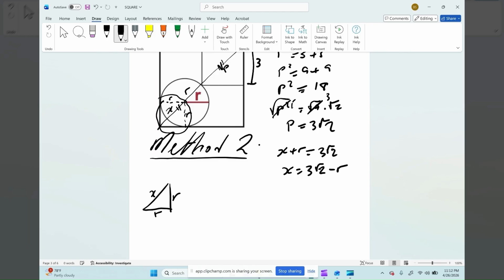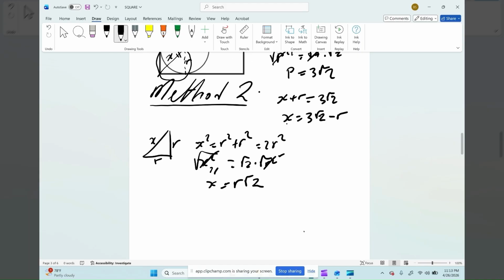Therefore, x squared is equal to r squared plus r squared, which is equal to 2r squared. Therefore, the square root of x squared is equal to the square root of 2 times the square root of r squared. That becomes r, that becomes x.